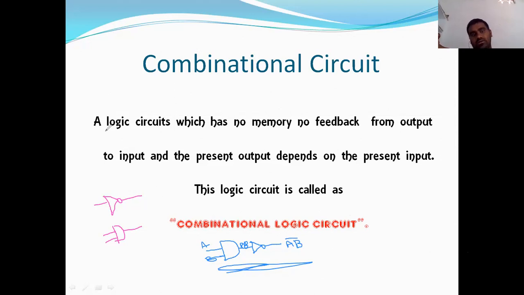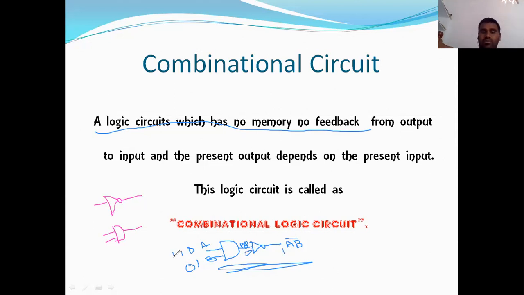Here we get a logic circuit which has no memory and no feedback from output to input. The present output depends upon the present input. If we have inputs 0, 1, depending upon these inputs we get the output. For 0, 1, the AND output is 0.